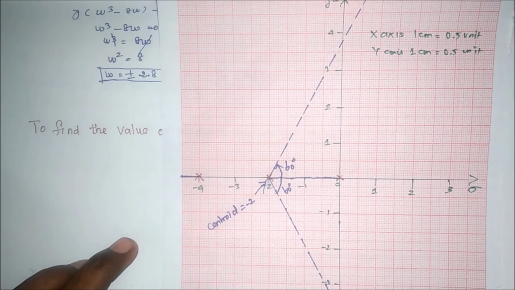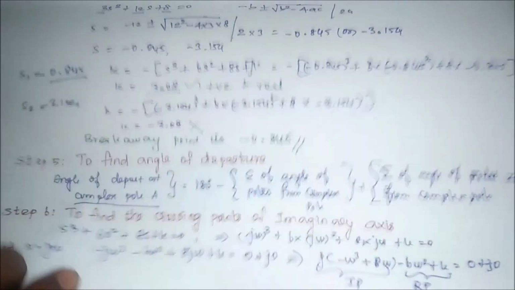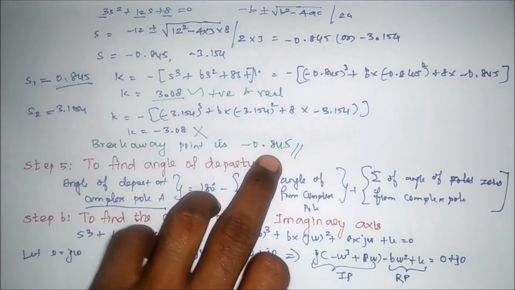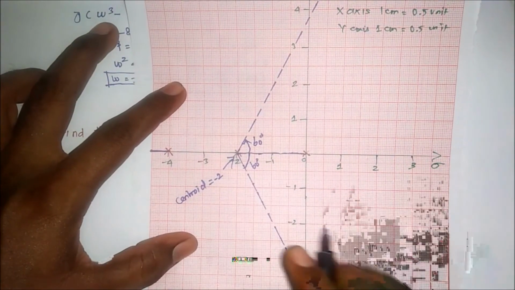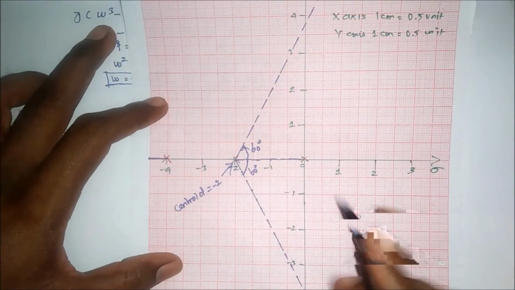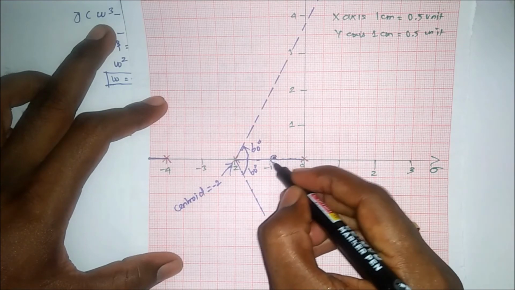In this problem we found there is no angle of departure. Therefore we have to consider the breakaway point, minus 0.854. So on this negative real axis we have to mark 0.854. This is 1, this is 0.5, so it will be 0.854.